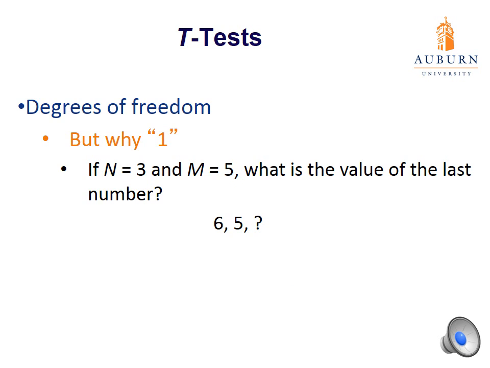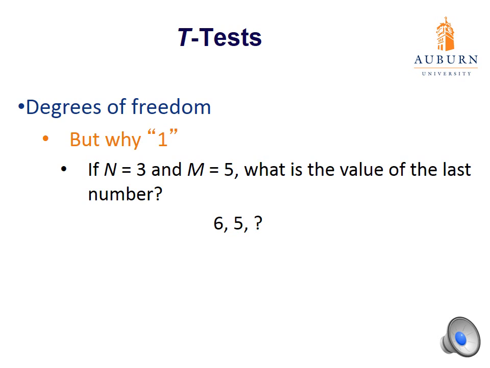So let's adjust our problem just a little bit more. And so again, we'll still use our sample size of 3, and we'll still have our mean of 5, except now let's give 2 of the numbers. And so in this case, instead of just having a 6, we'll also uncover another number. We'll say it's 5. And so I have 6 and I have 5, and then I have this question mark.